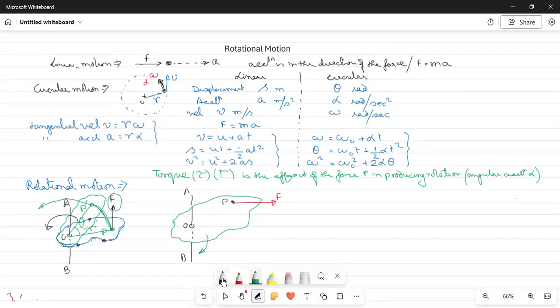In that case, this is the distance vector, which we also call position vector, R. This is a force vector, F. Then torque is measured by the vector cross product of the position vector and the force vector.